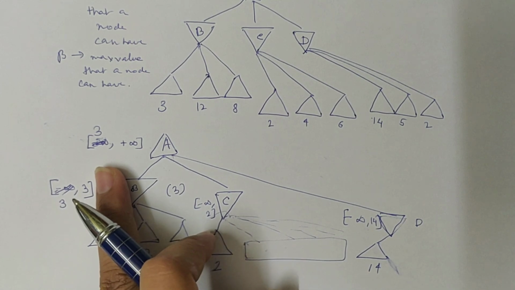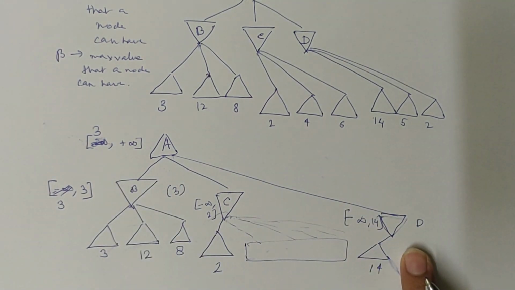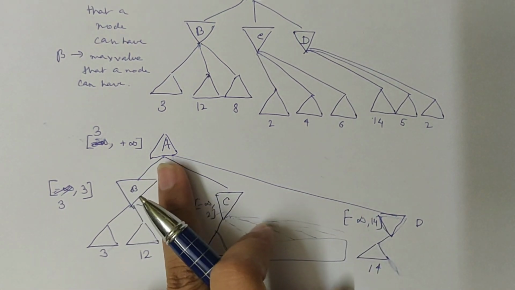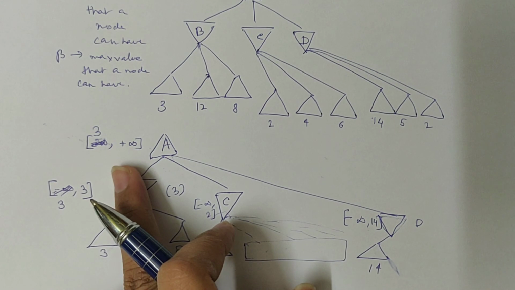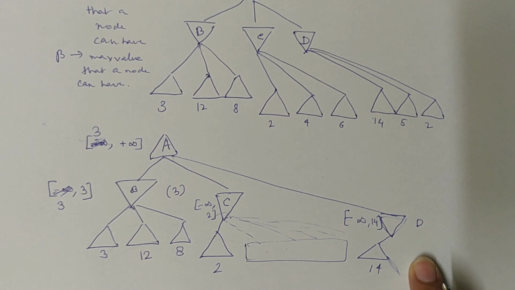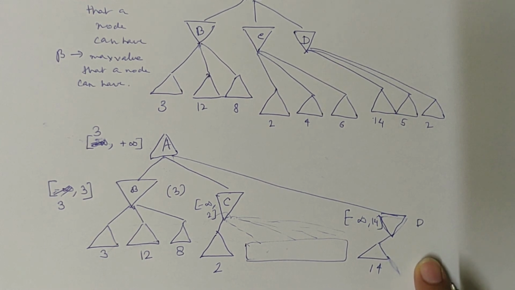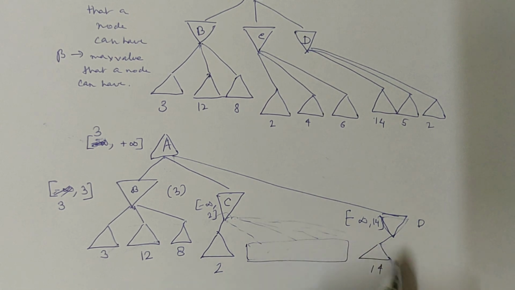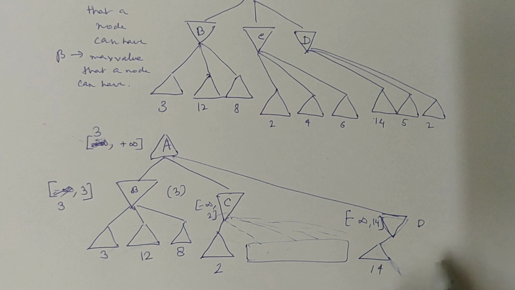A knows that I am getting at least 3, but D at present says that the maximal value that I will give to you is 14. So it does not prune away this part of the subtree. It allows the opening.